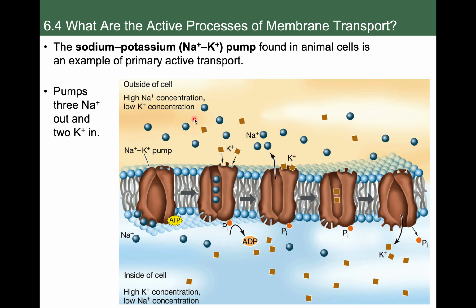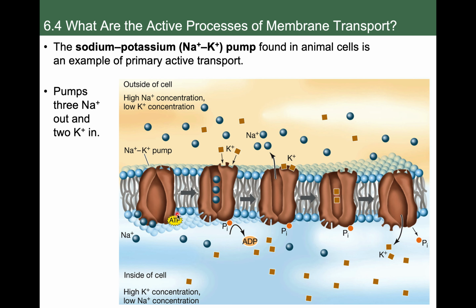And this one is critically important for our physiology, because this is what happens in all of our nerve cells, and it establishes what's called a membrane potential, which is a charge difference between the outside and the inside of our nerve cells. By rapidly reversing that charge difference, we can send electrical impulses down our nerves, and that's how they function.